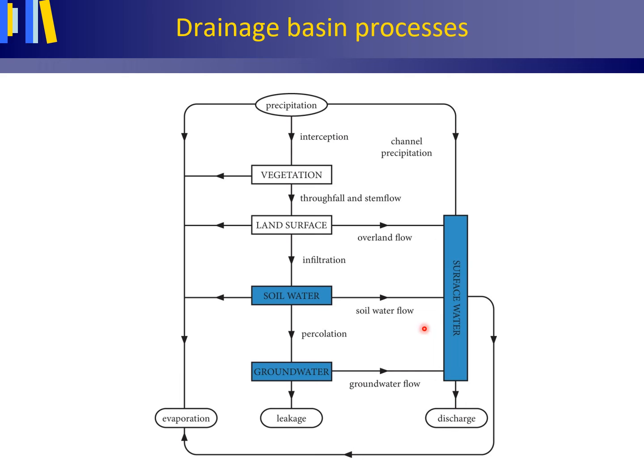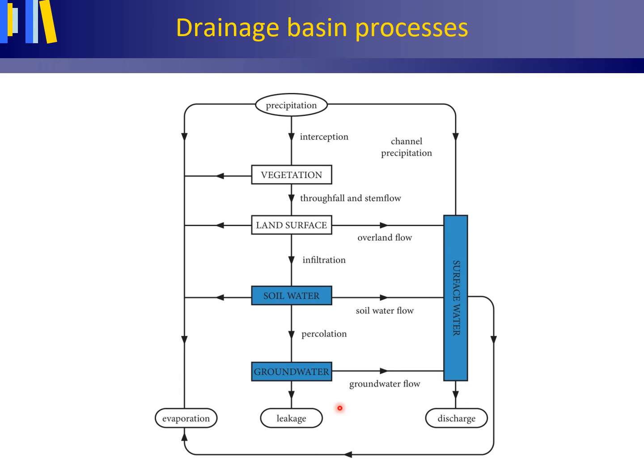Of course, from this surface water, it can also evaporate. And then there is a process I did not mention, which is channel precipitation. That simply is the precipitation that is directly falling on your streams, on your surface water, channel precipitation.